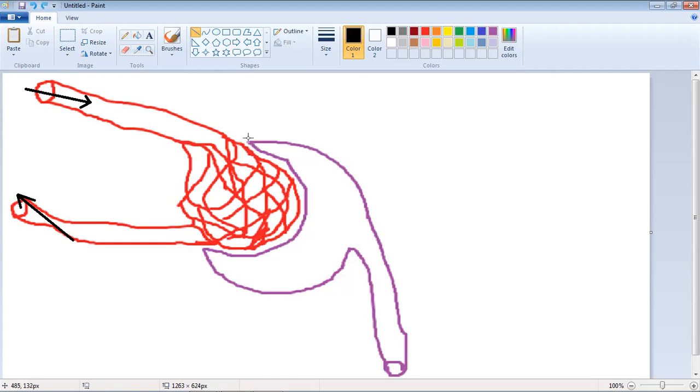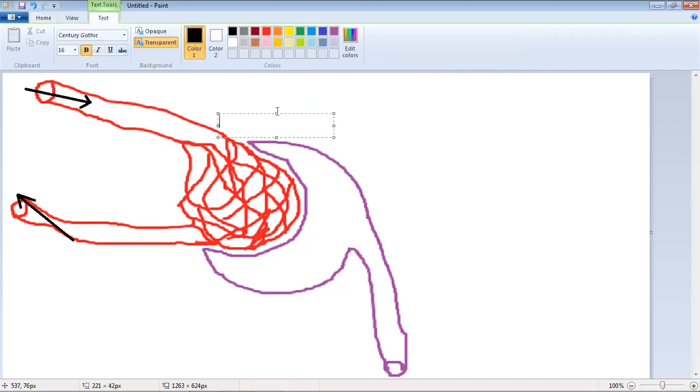Now somewhere here, at the afferent arteriolar end, PGC is around 45 millimeter of mercury.